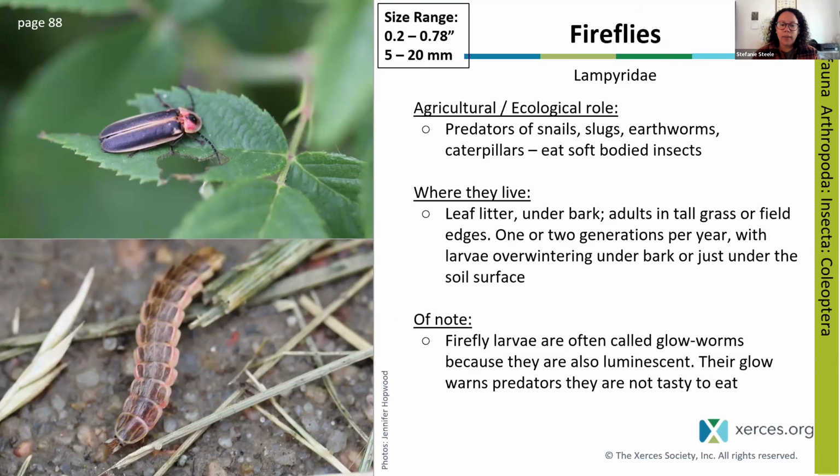You often find the adults in tall grasses or field edges, maybe your backyard. And going back to their glow, it helps warn off predators and communicate that they're not so tasty to eat.